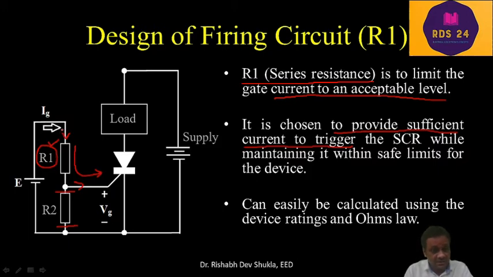If it is too high, it will not allow to supply the required amount of minimum current which is responsible to turn on this SCR. So this R1 should be selected very carefully. It can be calculated very easily by using simple KVL equations and Ohm's law and the corresponding device ratings which are specified by the manufacturers.